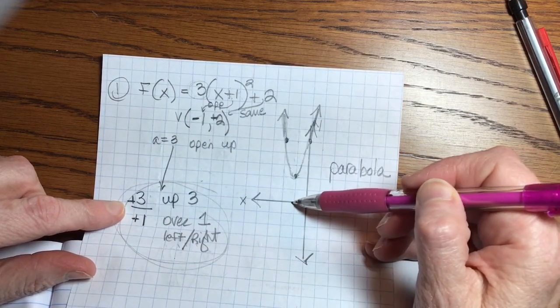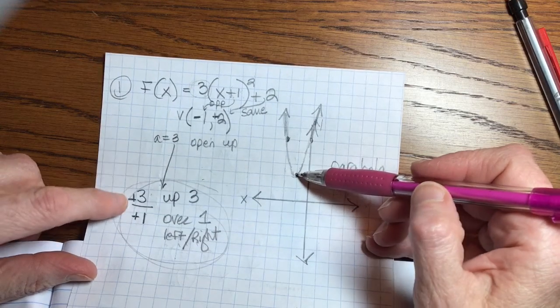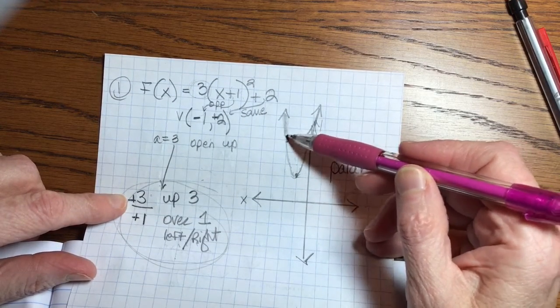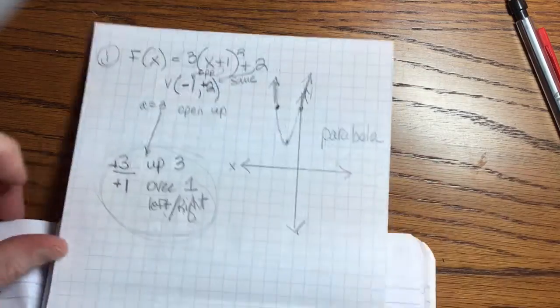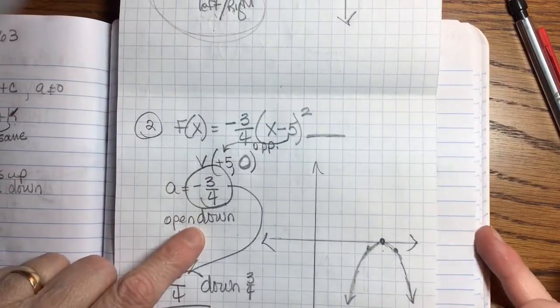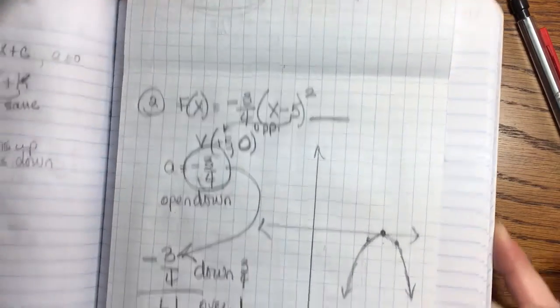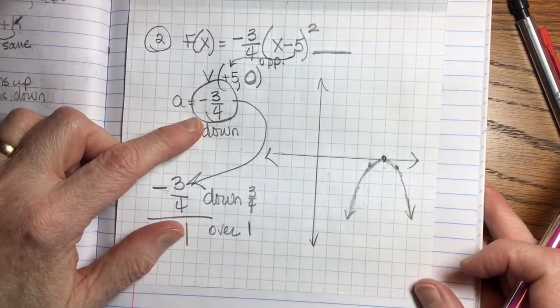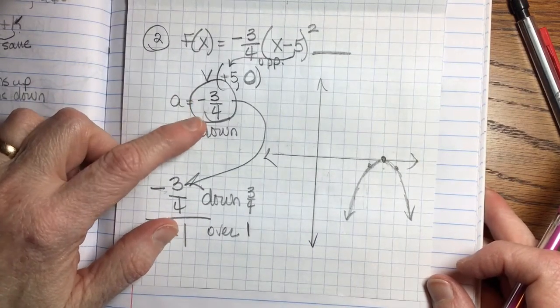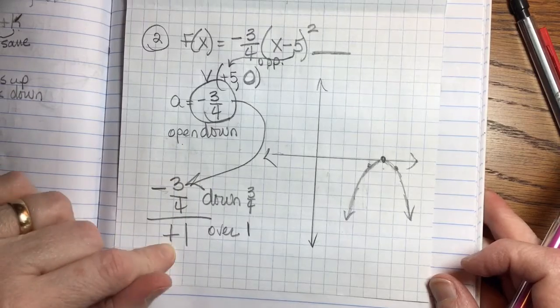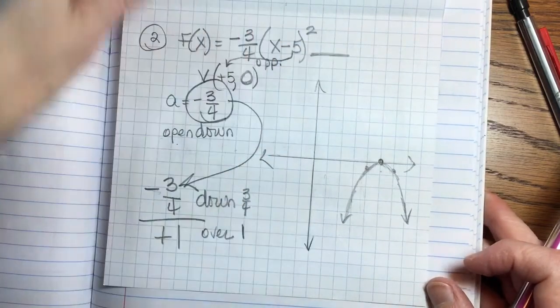We plotted the vertex, negative 1, 2, and then our stretch was 3. We went up 3 over 1 each. And then we'll have one in our notes that will have the fraction, and we'll review that, because instead of treating it as 3 over 4, you put the 3/4 over the positive 1. So that's a couple of examples, and you can refer back to those for, I think, probably half of your classwork.